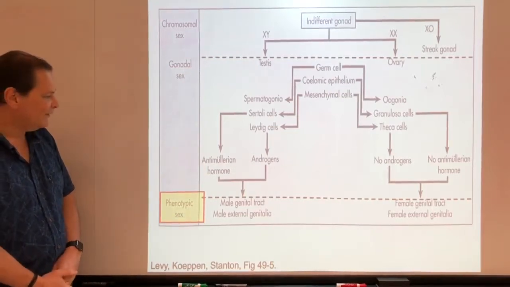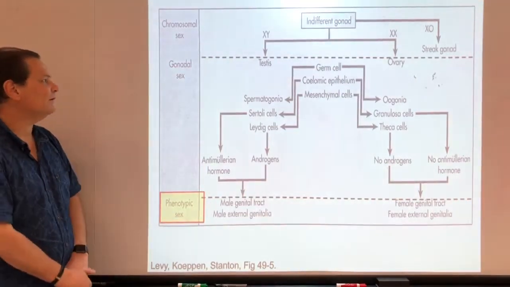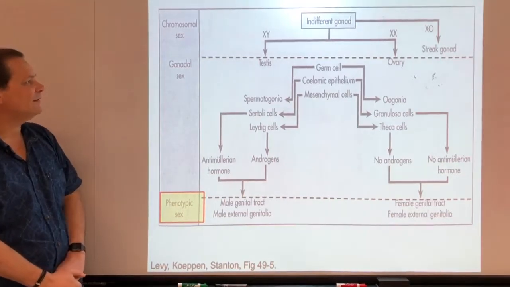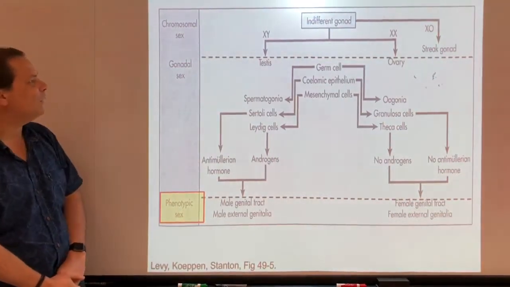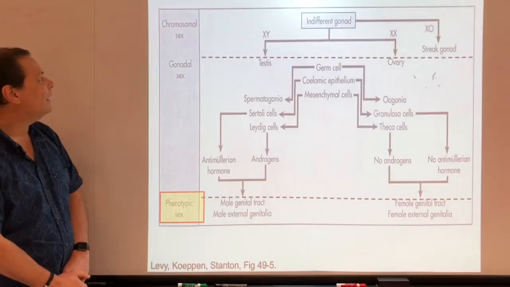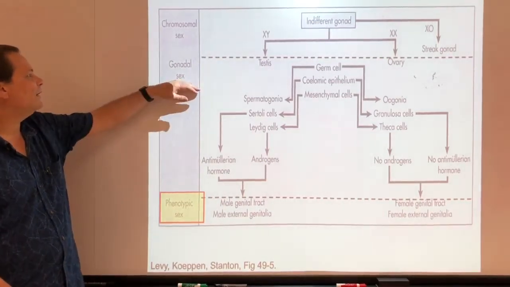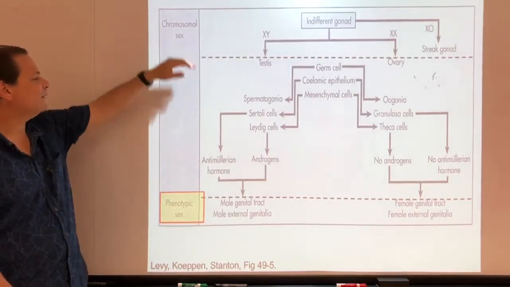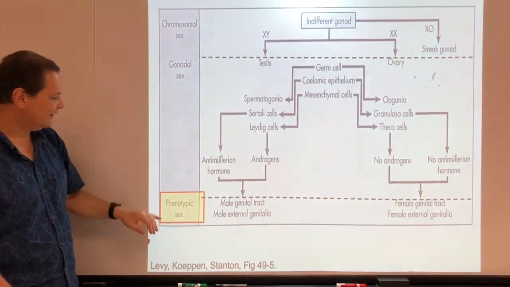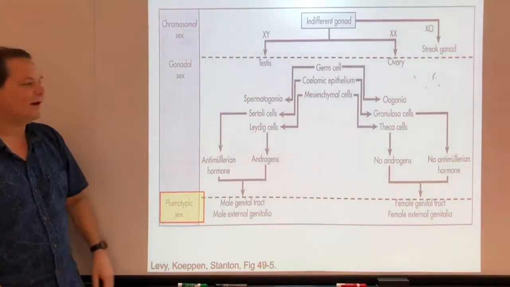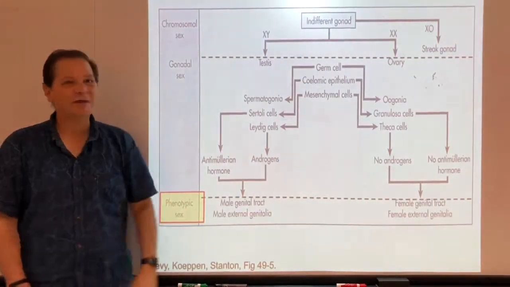And although we say three different categories, you should recognize that these are interrelated, and in fact they follow one from another. The gonadal sex is determined by the chromosomal sex, and the phenotypic sex derives from the gonadal sex.